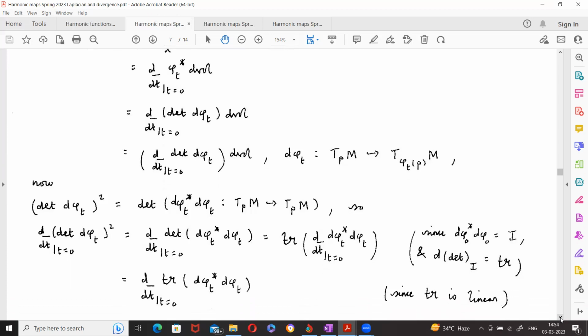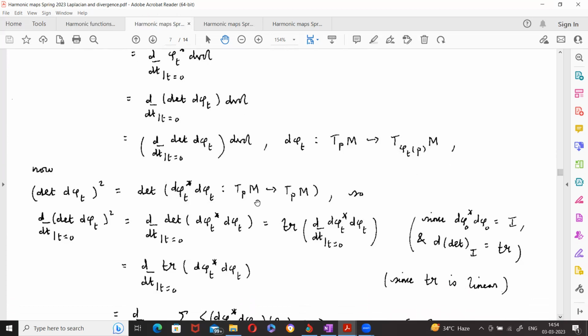Now when I get an endomorphism, I'm in good shape because then I can use the calculation we did in the beginning of the course. So I have to compute d/dt of determinant d phi t at t equal to 0. First I compute d/dt of determinant d phi t squared. So this becomes d/dt of determinant of d phi t star d phi t. But now this is the derivative of the determinant of a family of endomorphisms.